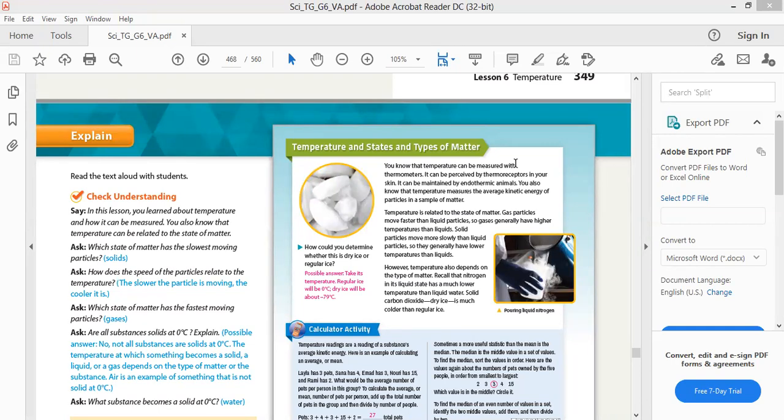Gas, solid, liquid. Bravo. Farah, which of these states of matter will have faster particles moving faster? The gas. Bravo. So which one of these will have more temperature, Omar? Gas, liquid or solid?